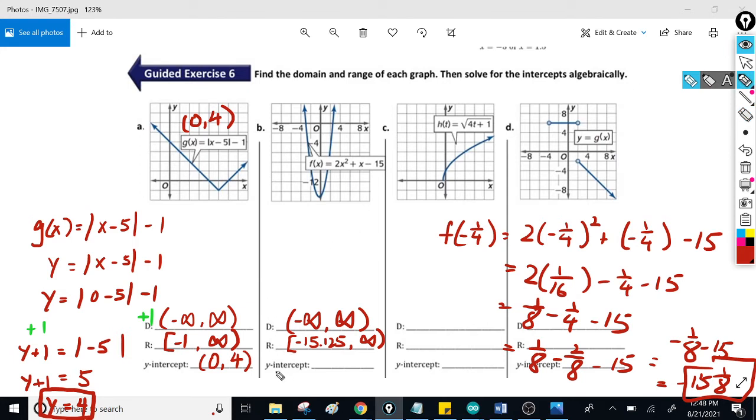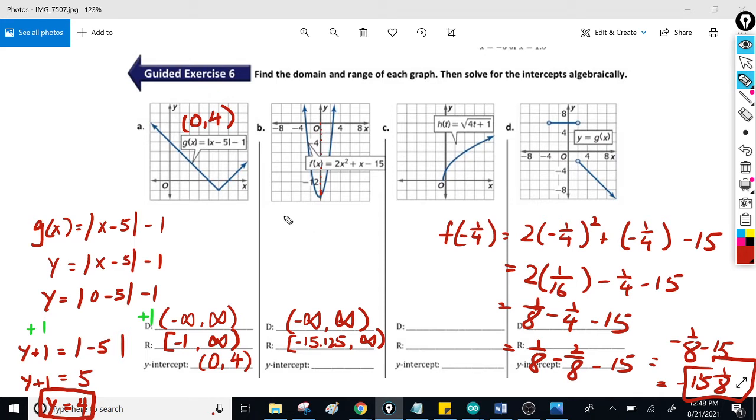And then y-intercept. Y-intercept is when the line crosses the y-axis. And when it crosses the y-axis, you are looking at the x value being 0. Alright, so x value is 0.